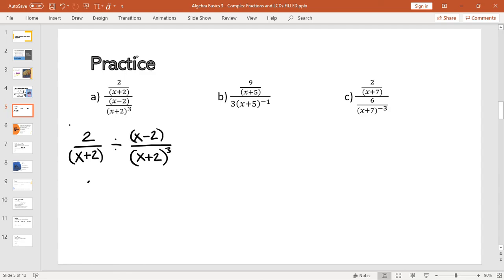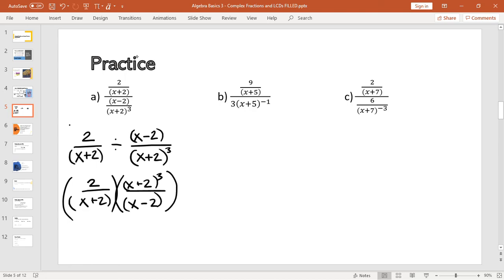Okay. Do not touch the first fraction. Flip the second fraction. I'm just going to use brackets this time instead of the multiplication sign, because otherwise it gets confusing. Everything on the bottom stays on the bottom, everything on the top goes on the top.